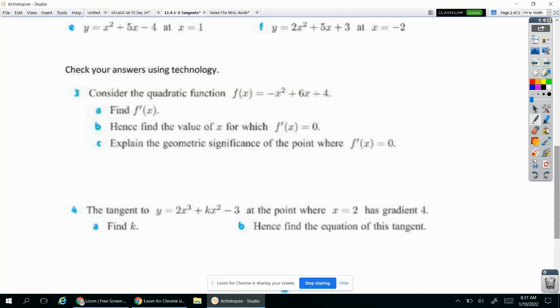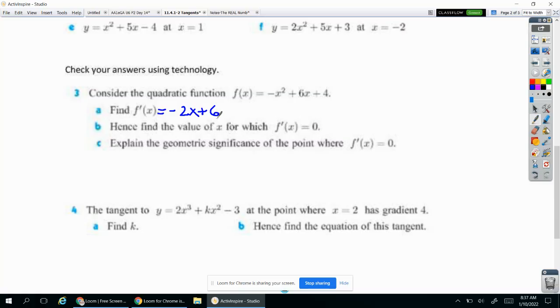So consider this quadratic function, find f prime of x. So let's go ahead and do that. So that would be derivative of negative x to the second power is negative 2x, and then derivative of 6x is plus 6. Hence find the value of x for which f prime of x equals 0.